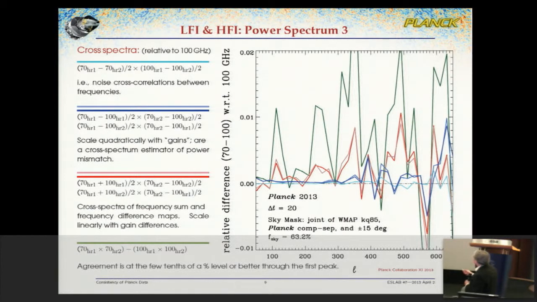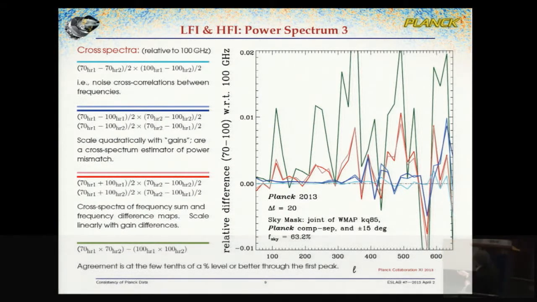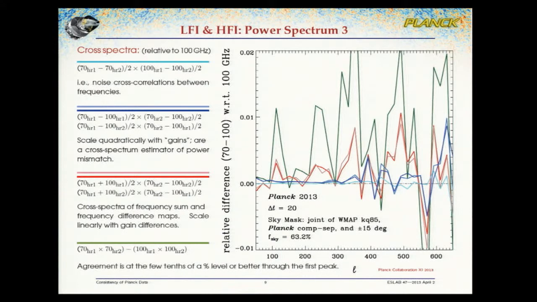Then there are curves here that we'll come to one by one. 2 blue curves that you see wiggling along here, red and pink wiggling along here, and green. So let's talk about the cyan one first. This is 70 half ring first half minus 70 second half, crossed with 100 first half minus second half.